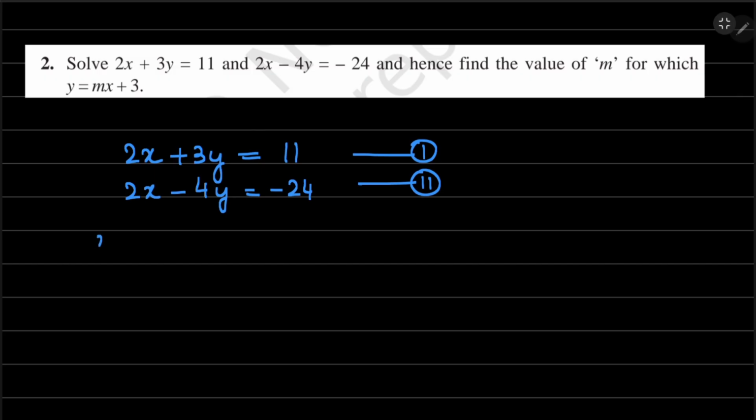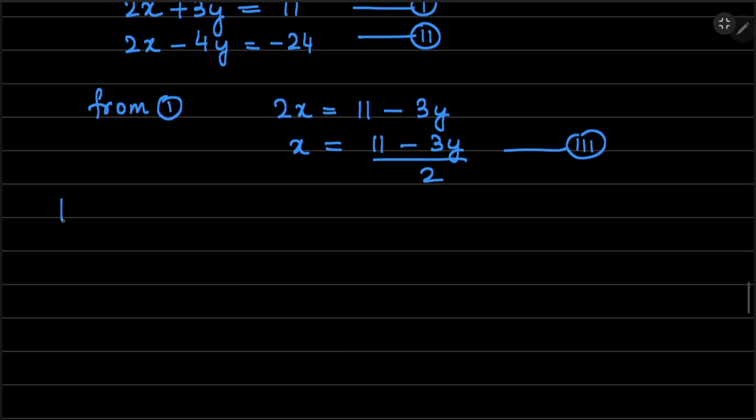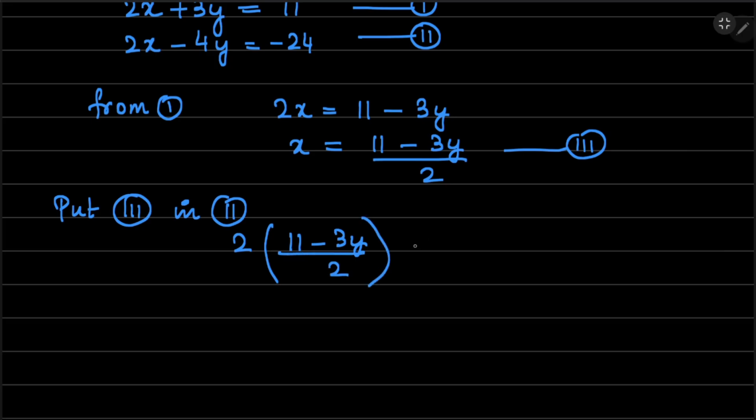So from 1, let's use the substitution method. 2x, I can write it as 11 minus 3y, and x is nothing but (11 minus 3y) whole divided by 2. Let this be equation 3. Put 3 in equation 2. So what do you get? 2 multiplied by, in place of x, (11 minus 3y) divided by 2, minus 4y equal to minus 24. 2 gets cancelled.